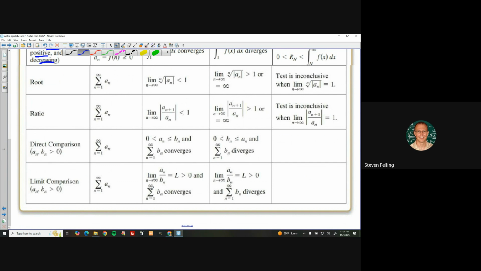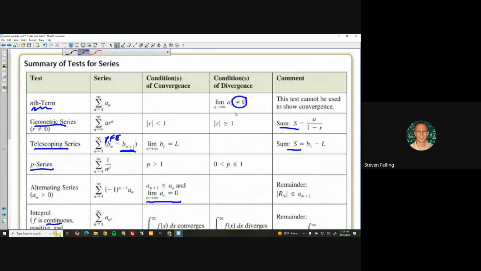So if the similar series converges, the original series converges. If it diverges, it diverges. And direct comparison depends on the direction being correct, whether the new series is converging on the right and squeezing the original one on the left down, or diverging on the left and pushing the one on the right up to diverge. And that's it. That's the list of all of the series tests.